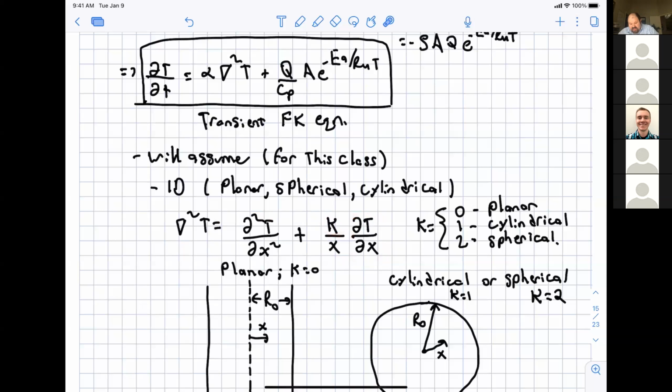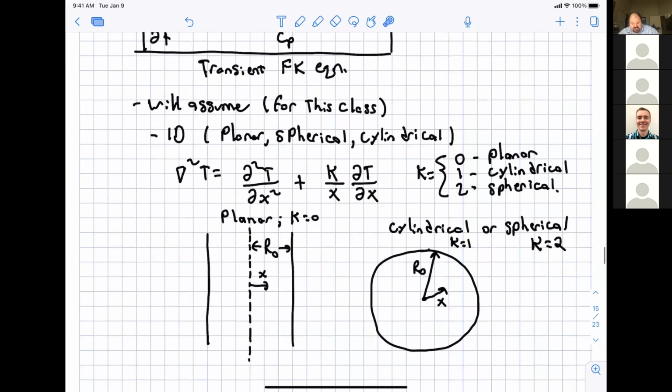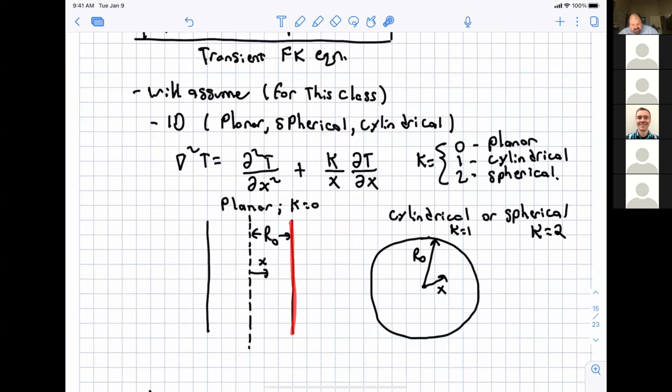And kappa is our coordinate system selector. If kappa is 0, we have a planar slab configuration where we have just an infinite sheet of explosive. If kappa is 1, it is an infinitely long cylinder.